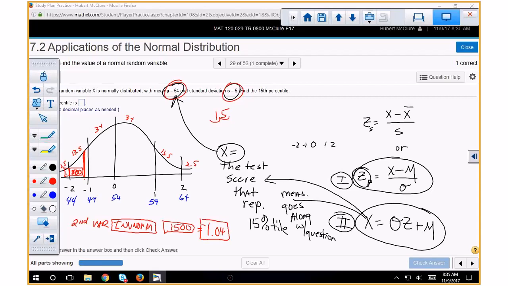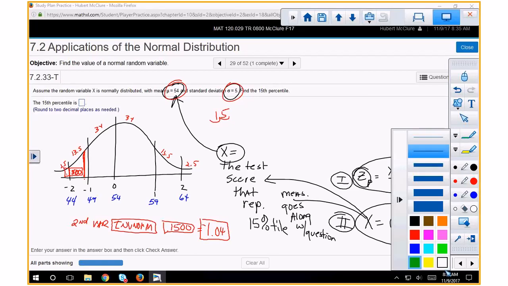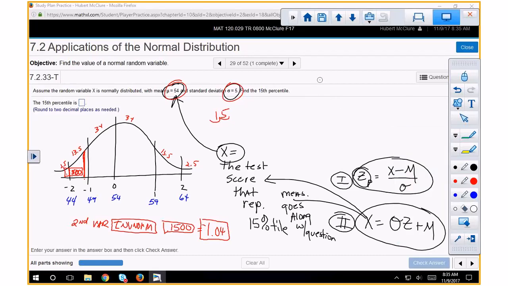So let's do zσ plus μ. We'll do it in green. So X is equal to zσ plus μ. Everybody's listening.